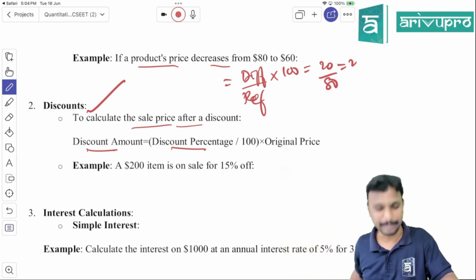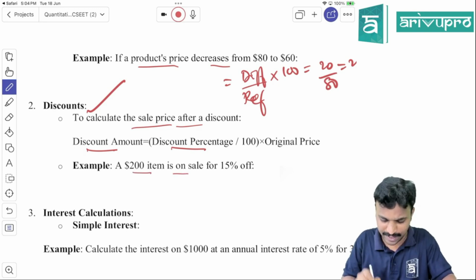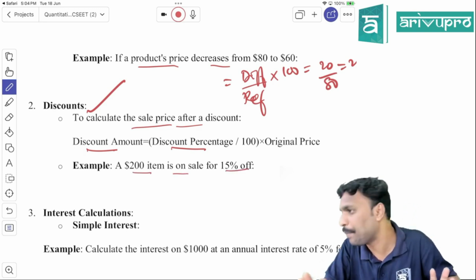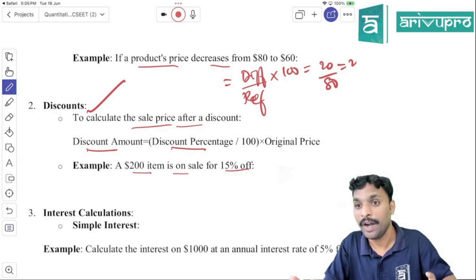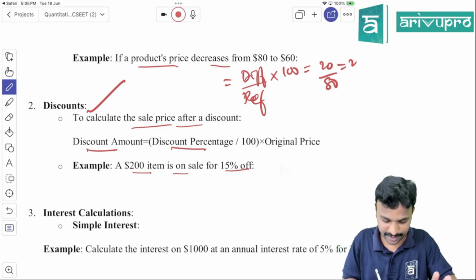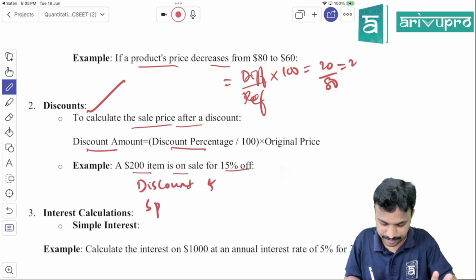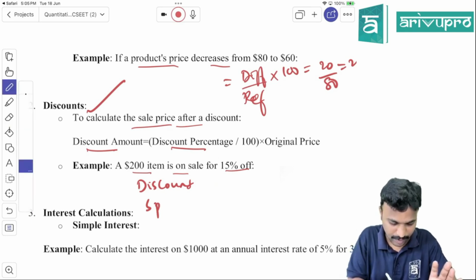Now the question. A 200 rupees item is on sale for 15% off. 15% discount on what? 200. So what we need to find out is discount and sale price. Tell me, what is CP given? 200.